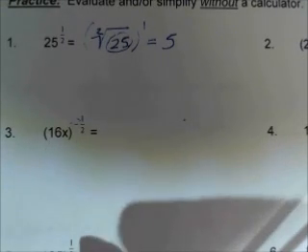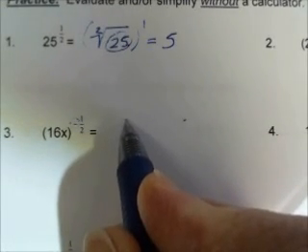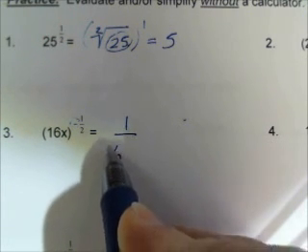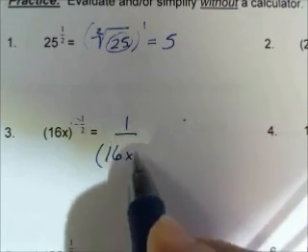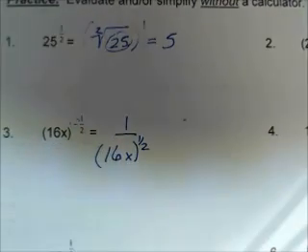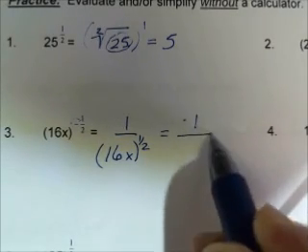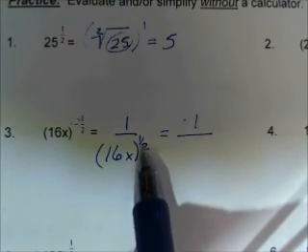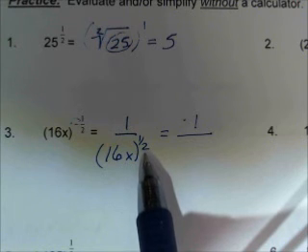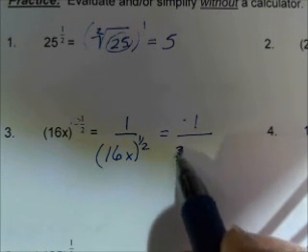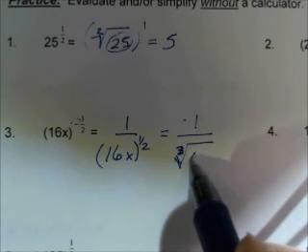Take our base, 16x, and write it as 1 over 16x raised to the positive 1/2. So 1 over, again, the denominator of a fractional exponent is the root. So this means 1 over the square root of 16x.